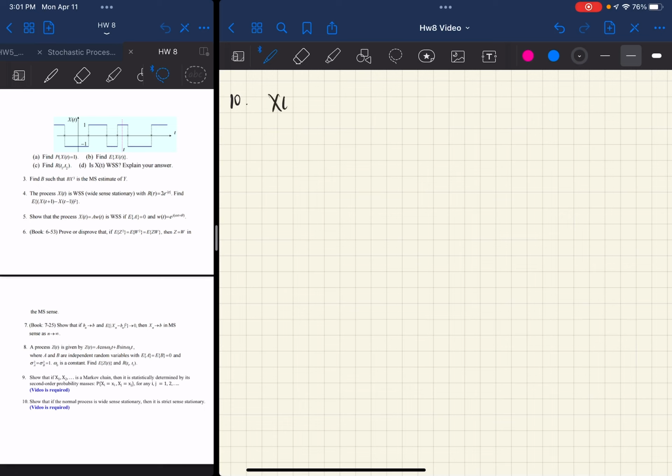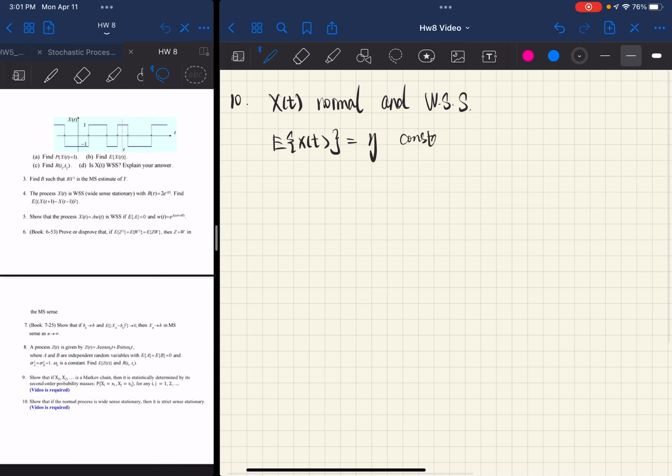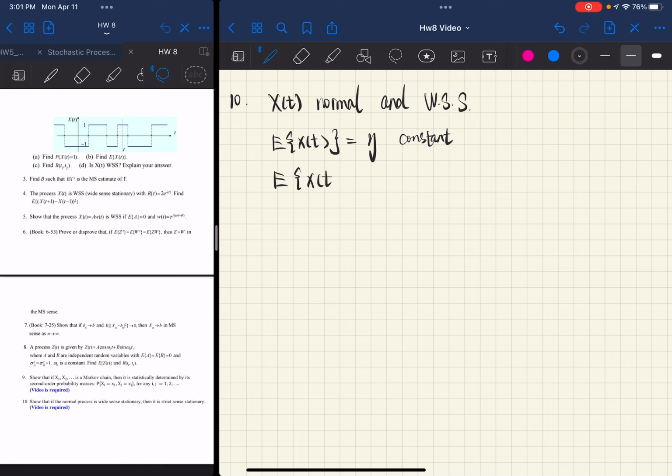Because X(t) is a normal and wide-sense stationary process, we have the expectation of X(t) equals a constant. Also, we have the autocorrelation of X(t1) and X(t2) equal to a function of the difference of t1 and t2.